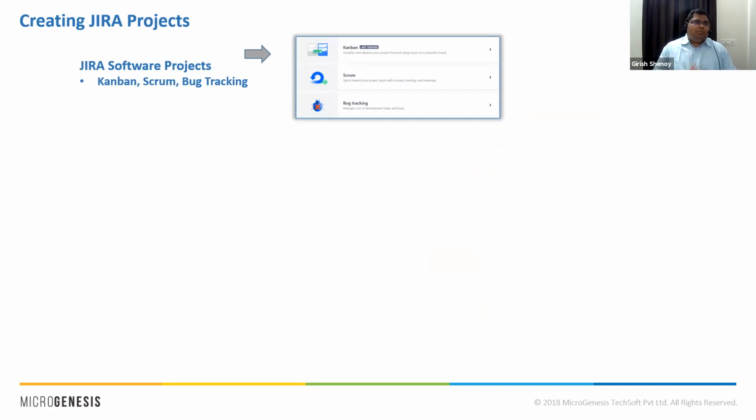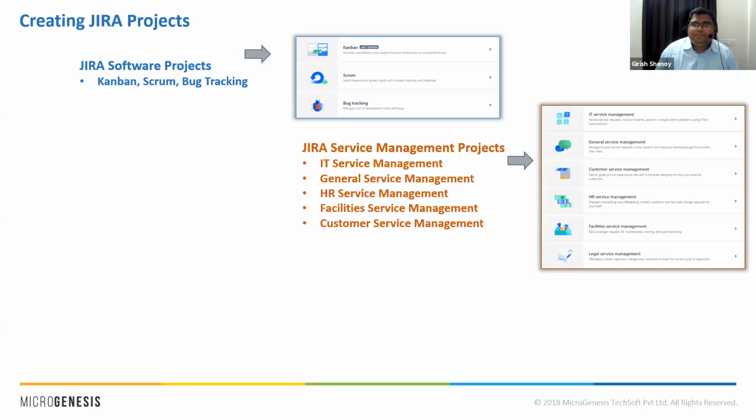Generally, when we talk about Jira projects, you have different types of projects. One type is the software project for software teams, where you can create Kanban, Scrum, and bug tracking kinds of projects. Then there is the Jira Service Management project, where you can have a workspace for IT service management, general service management, HR service management, facilities service management, and so on.